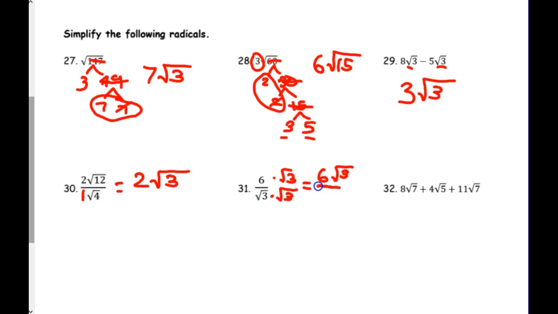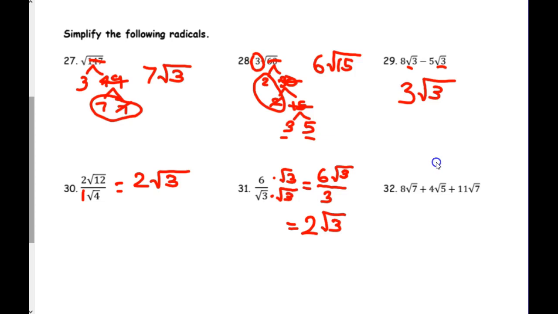On the bottom, a square root times the square root is the number under the radical. So you get just 3. No square root sign. And we're almost done, but remember, you want to reduce if you can. And we have a 6 over 3, which equals 2 square root of 3.